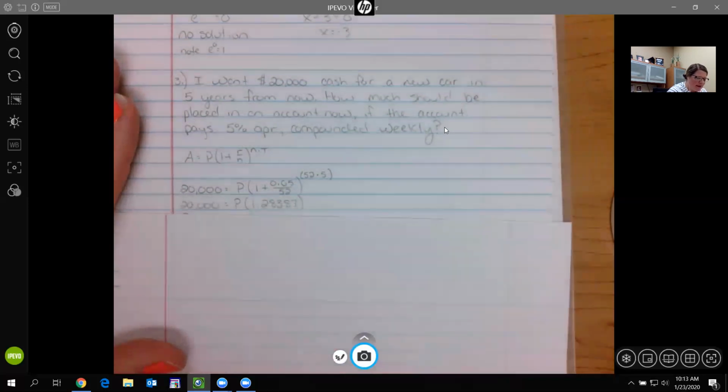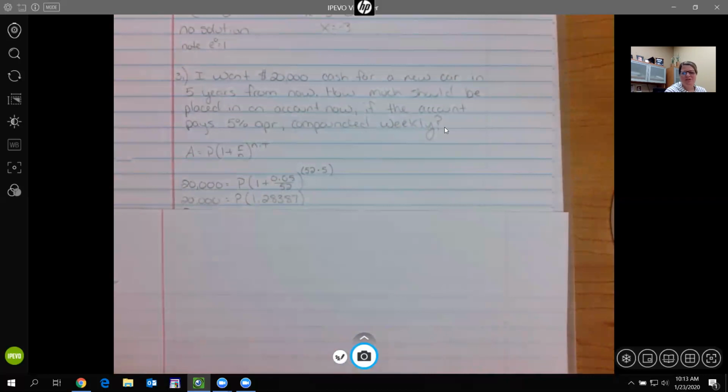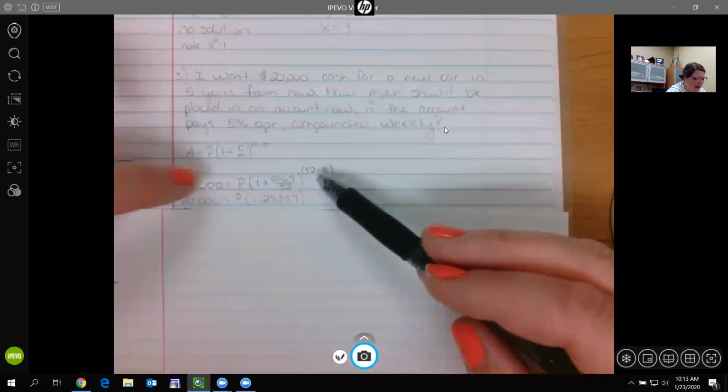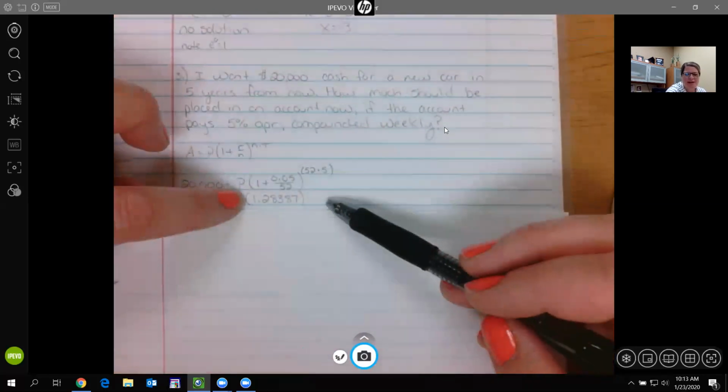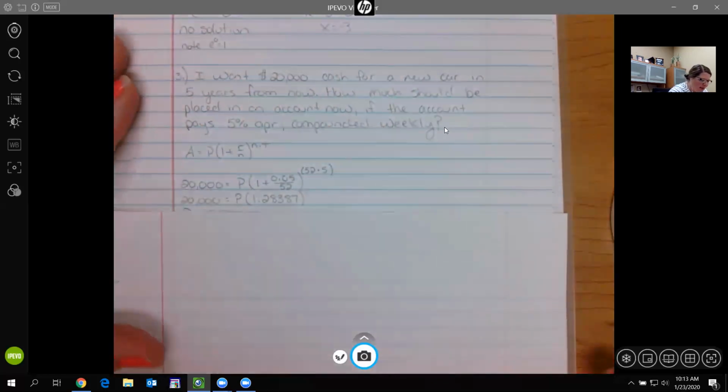Okay, so I went ahead and put that in my calculator. There's not really a shortcut way. Just make sure you use the parentheses up in the exponent as well as here, and make sure you get the same answer as I did. You could pause the video and try that if you want.